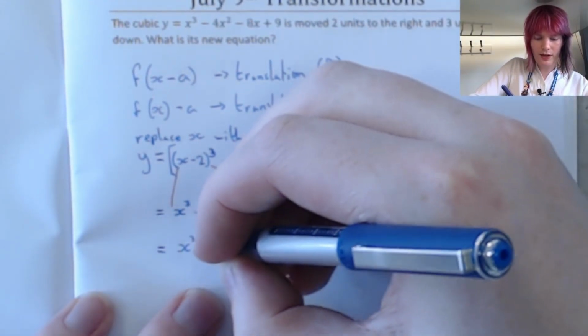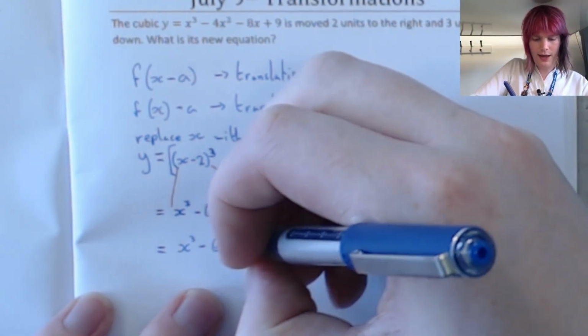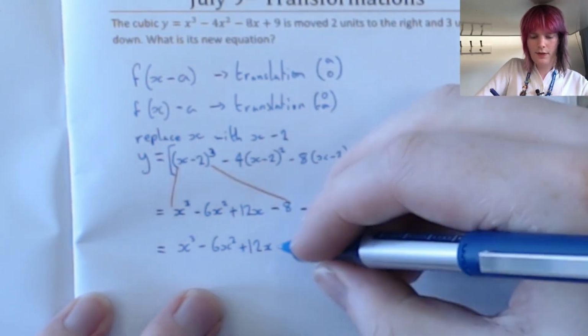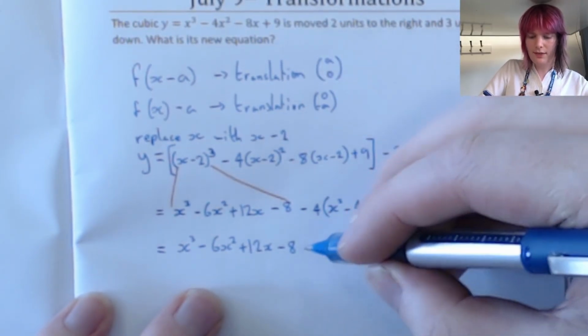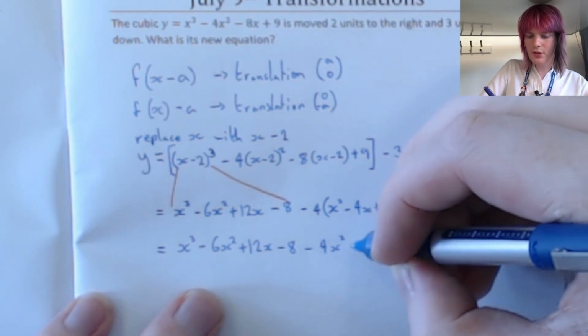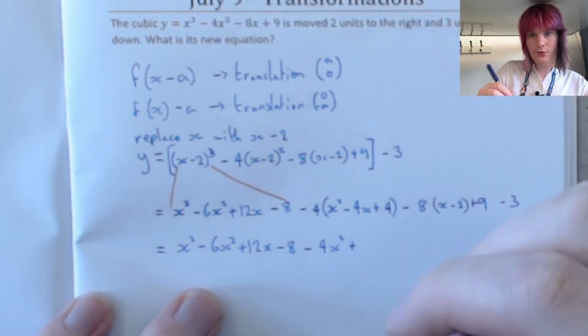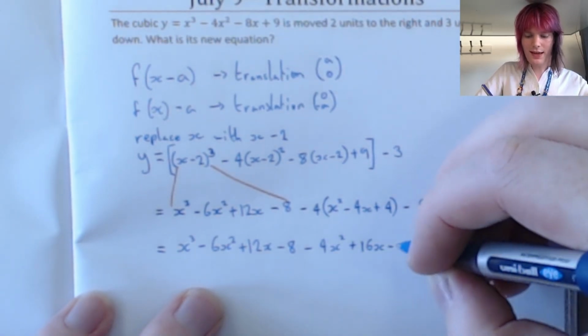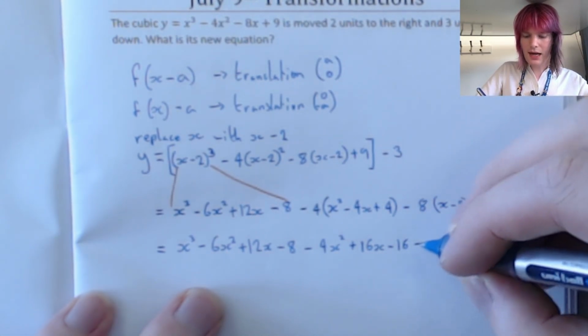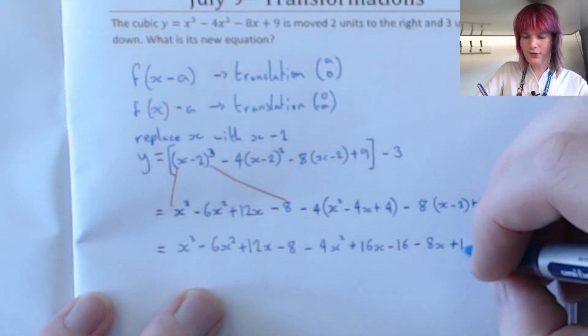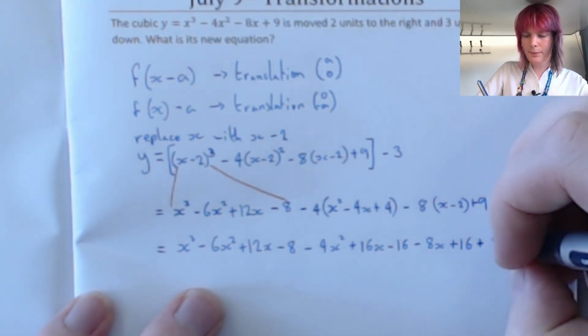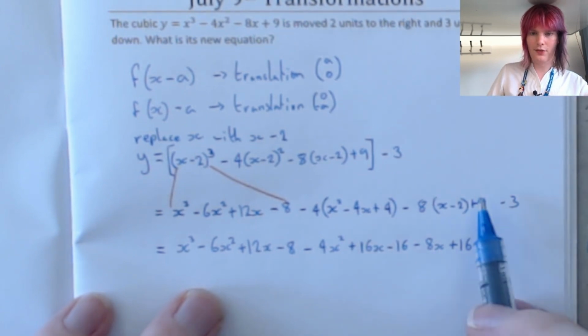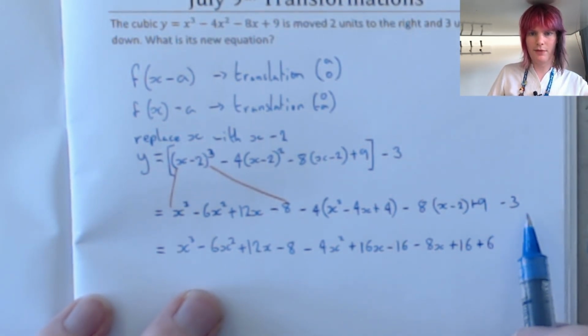So we get, once again, x cubed minus 6x squared plus 12x, take 8. We get minus 4x squared, and we don't want to forget that minus, plus 16x, take 16, minus 8x plus 16 plus 6 there. So that's that plus 9, take 3.